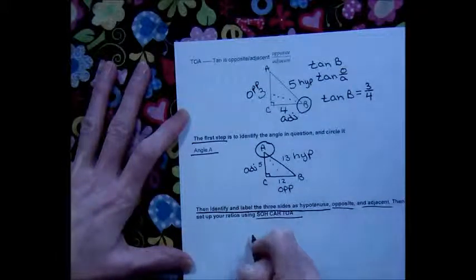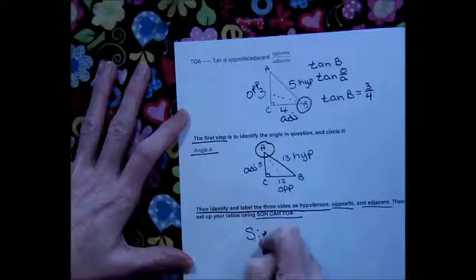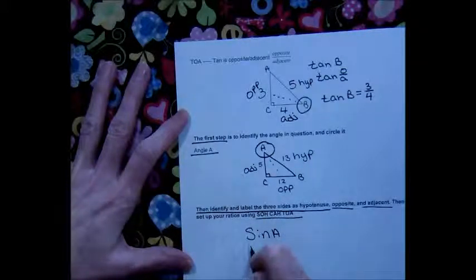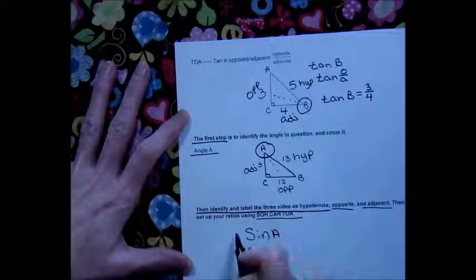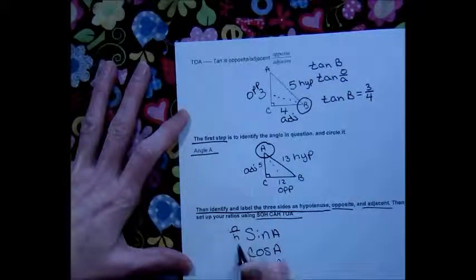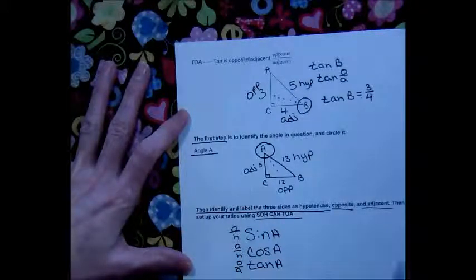So if I'm going to find my sine of A, my cosine of A, and my tangent of A, I use my acronym. Sine is opposite over hypotenuse, cosine is adjacent over hypotenuse, and tangent is opposite over adjacent. SOH CAH TOA.